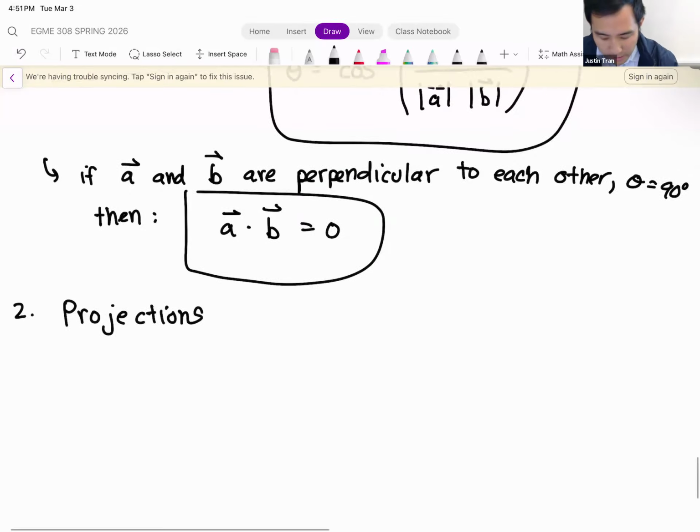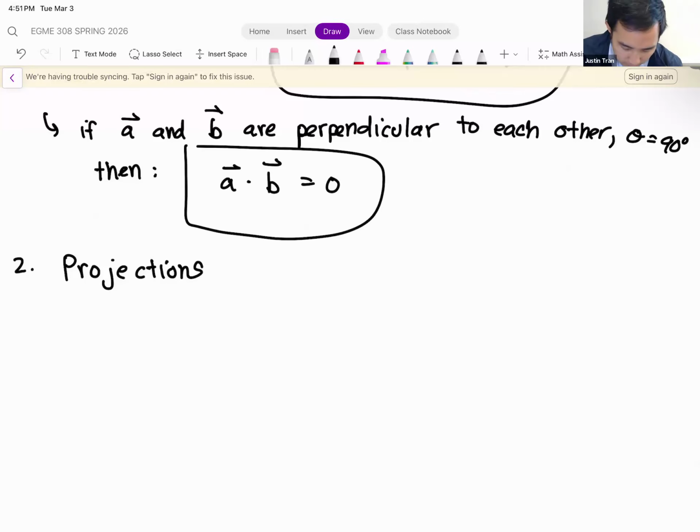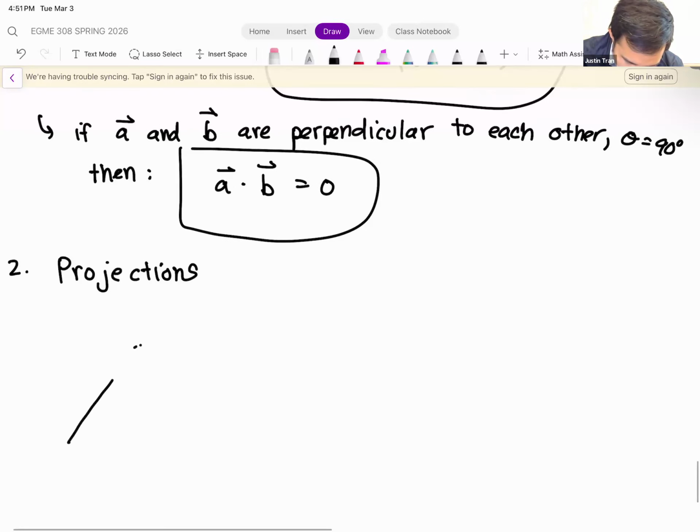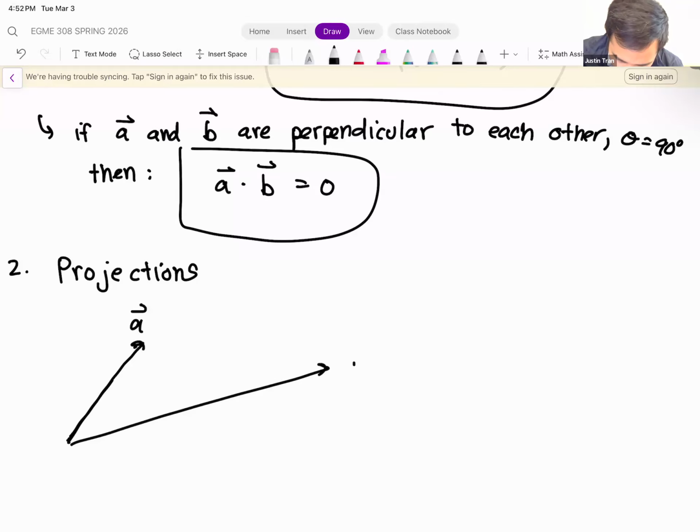Let me once again draw two vectors here. Let's draw a vector A and a vector B. I think the term projection comes from the visual interpretation of what's going on.